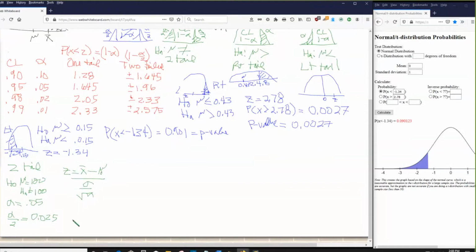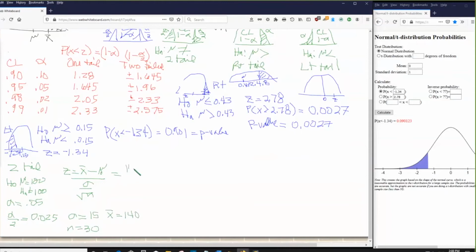Let's say they give us a standard deviation of 15 and a sample size of 30. Then we plug these numbers in. Let's say they gave us a sample mean of 140.